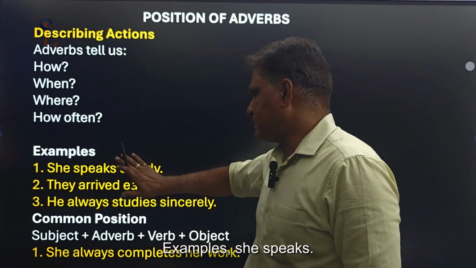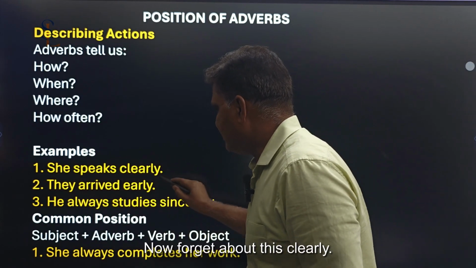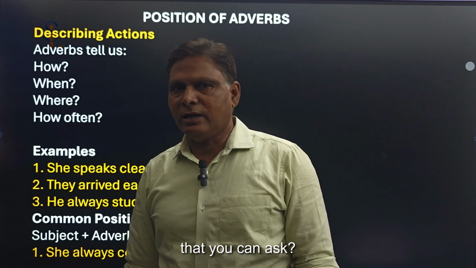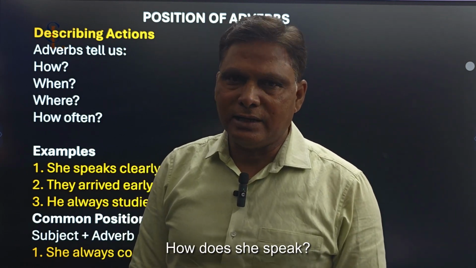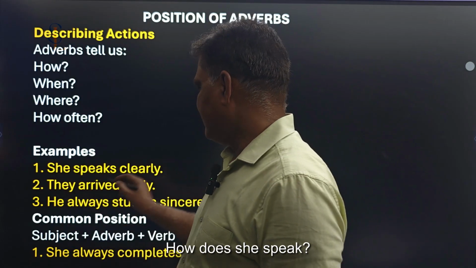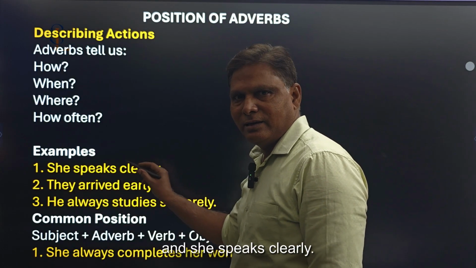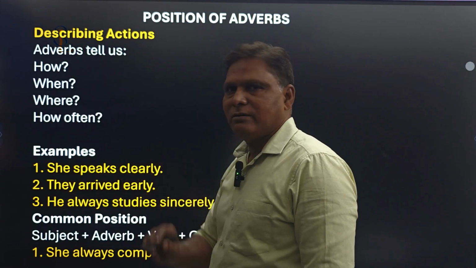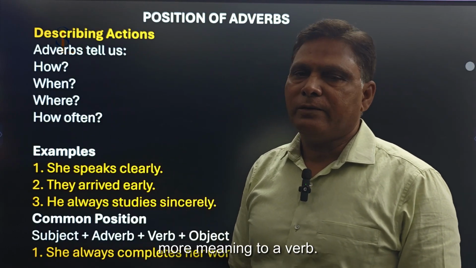Examples, she speaks. When she speaks, what is the question that you can ask? How does she speak? And she speaks clearly. Clearly is an adverb that gives more meaning to a verb.